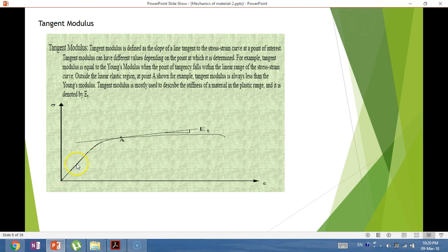The lines will coincide with each other, but outside the linear elastic region, at point A shown for example, the tangent modulus is always less. You'll find that the slope here is less than the Young's modulus. This linear portion is called Young's modulus. Tangent modulus is mostly used to describe the stiffness of the material in the plastic region, and it is denoted by E tangent, ET.